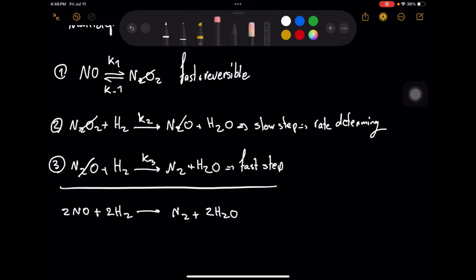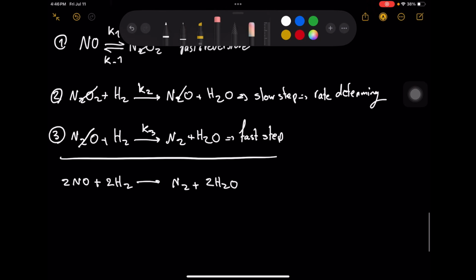The expected rate law for us would be, let me write it, the expected rate law.